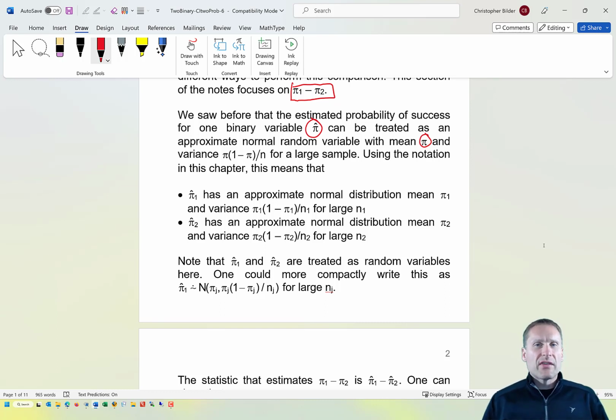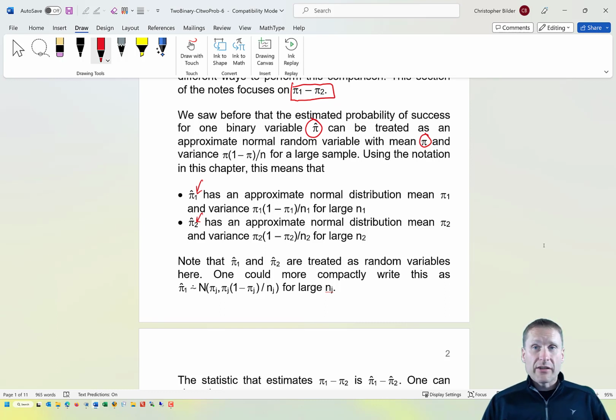So using this same notational setup, we can write this in our new notation, where all I'm going to do is add a subscript to my pi's. So pi hat 1 is going to be the MLE corresponding to the estimated probability of success for group 1.